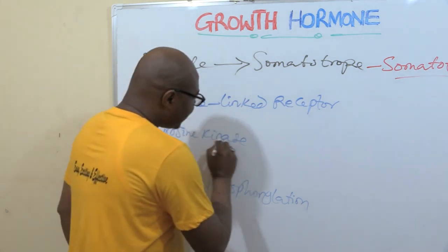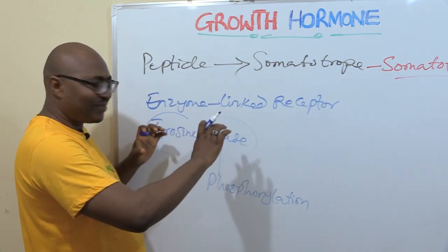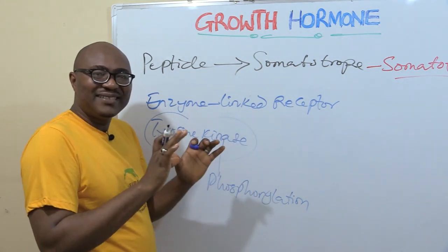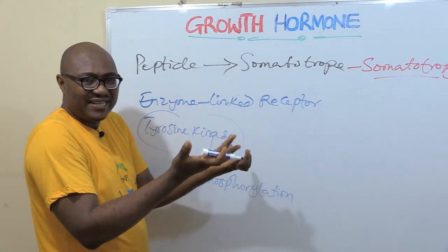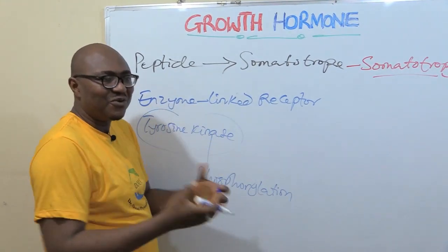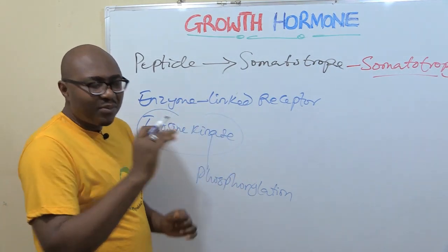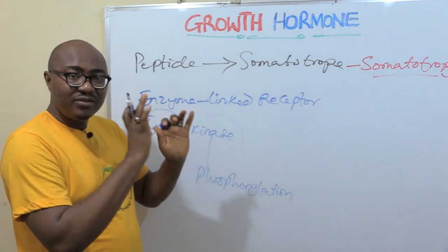It activates this enzyme, which is part of the receptor, which then phosphorylates proteins within the cells. When they are phosphorylated, they are activated, and activation of proteins leads to different functions. But now, let's go straight into the real physiological actions.